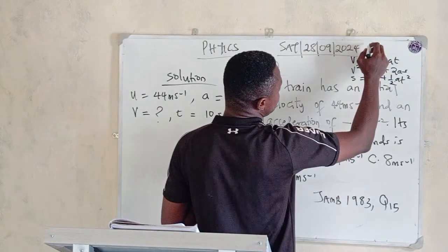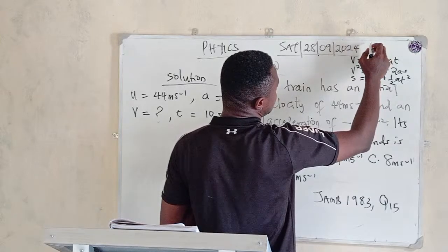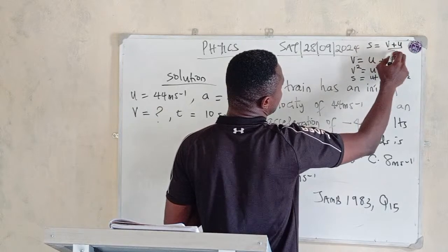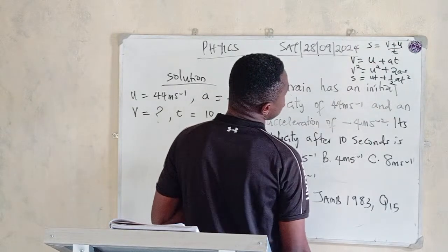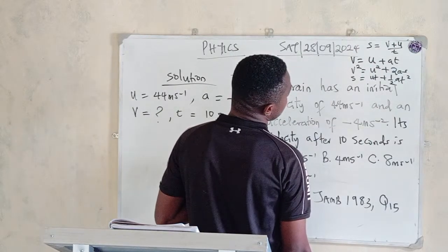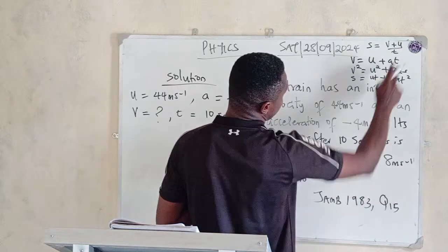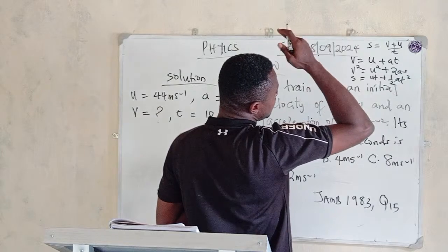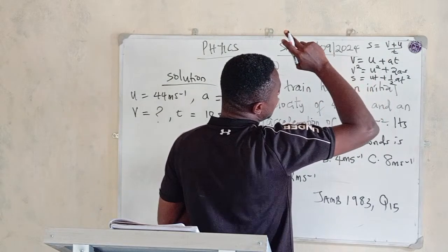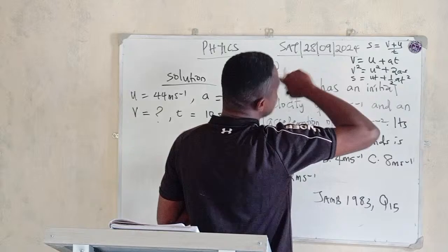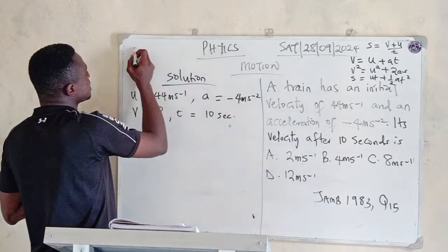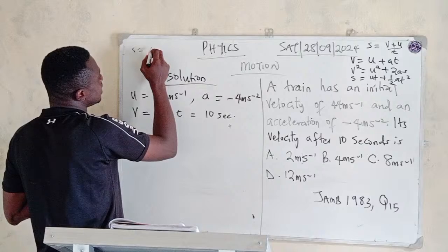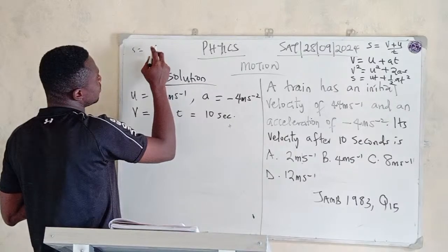We also have that this is equal to v plus u over t, the one that has to do with average velocity over time.